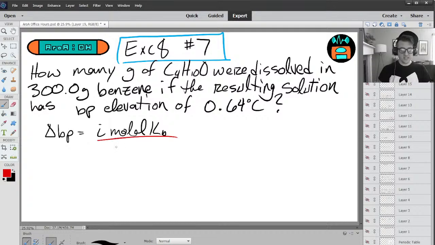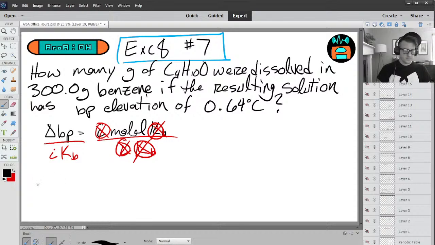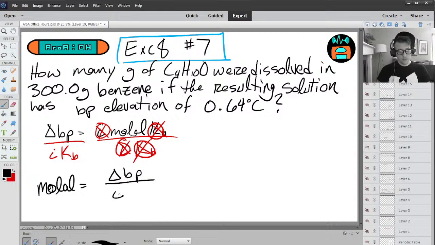We divide both sides of this equation by I and Kb. So molality will be equal to our change in boiling points over I times Kb. We have all of these numbers.